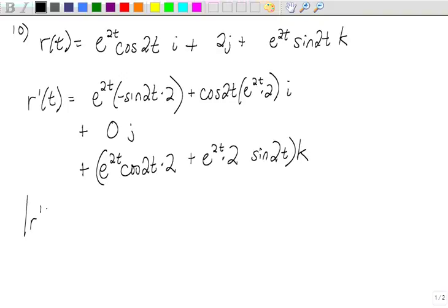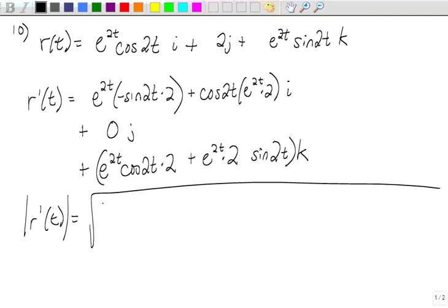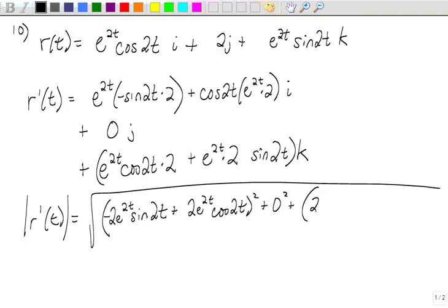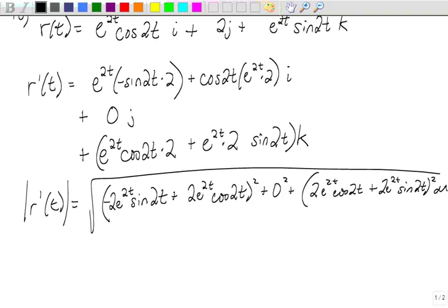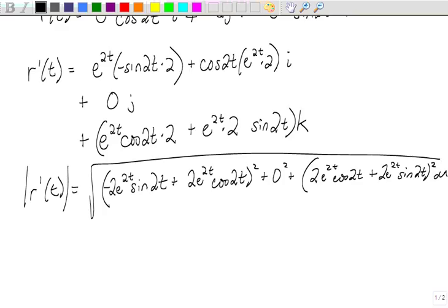and find the magnitude. See, so it's going to be that squared. I don't need that. I'm not integrating. Okay. All right.